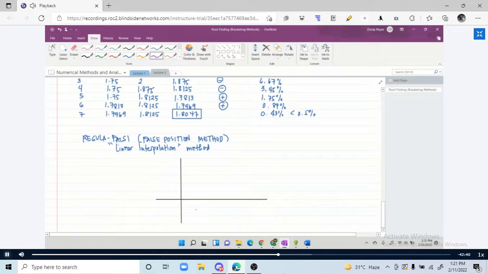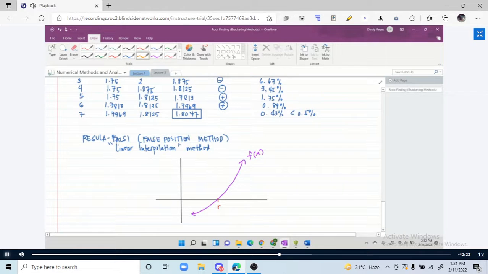Okay. So you have a function f. All right. So this is the root of the function, no?